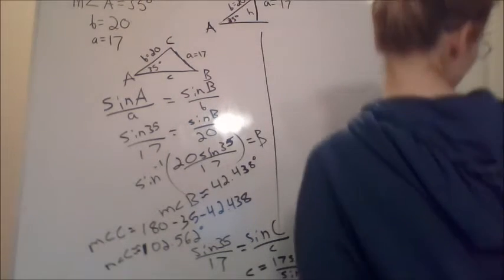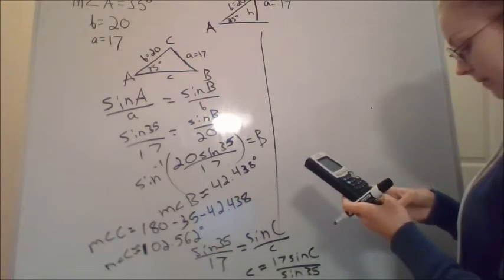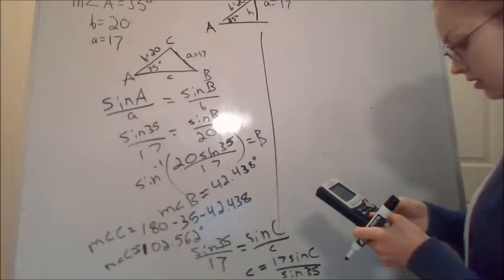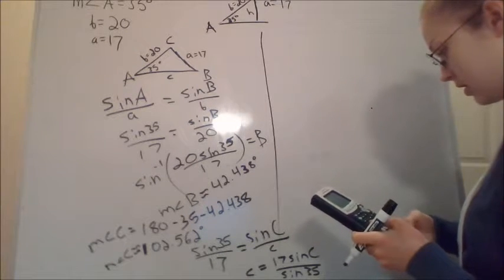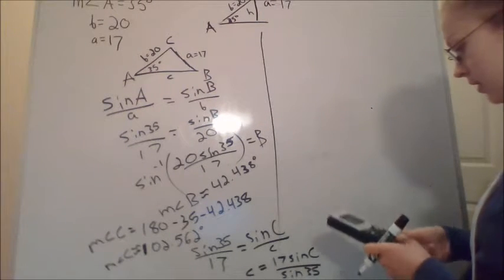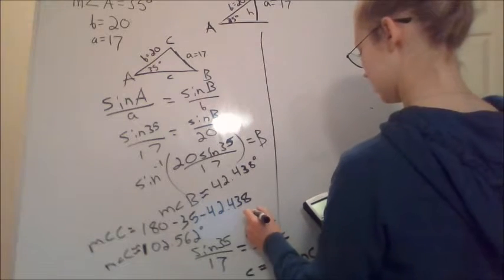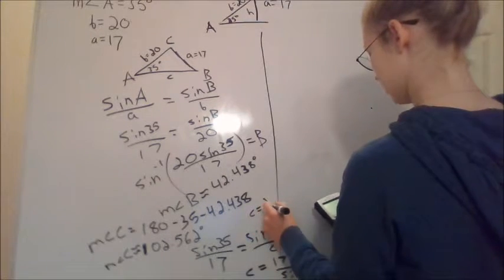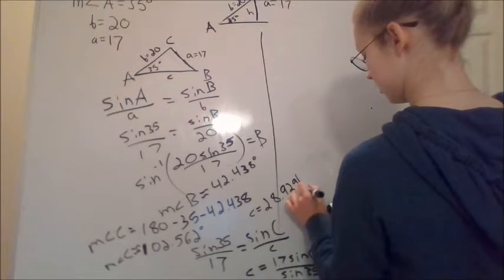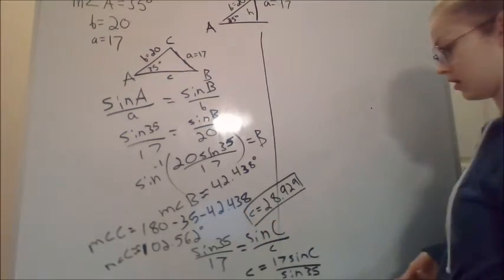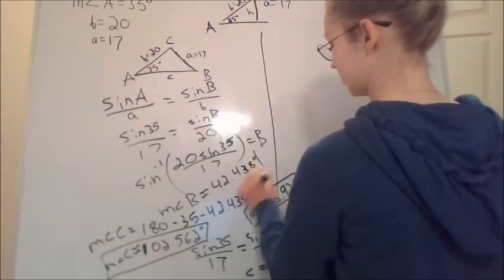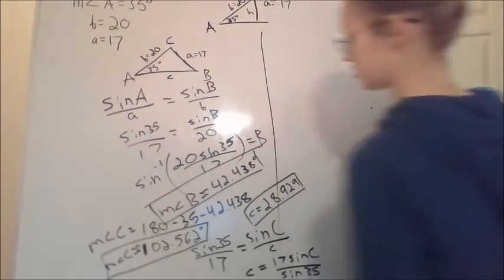So let's type this into our calculator: 17 sine of that 102 number, divided by sine of 35, and we get C, kind of messy, equals 28.929. So now that we have our 6 very important pieces of information, we have officially solved this triangle.